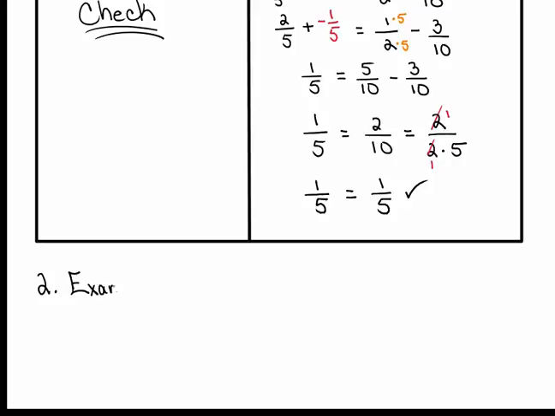Next example here, we're going to follow the same procedure. We're going to first find the LCD and multiply through by the LCD.